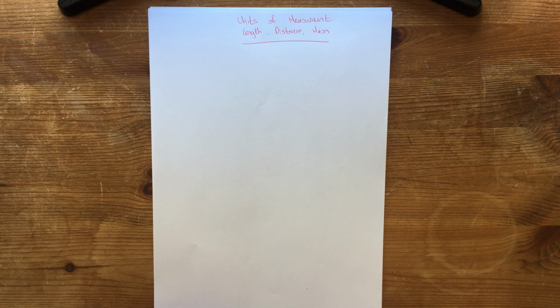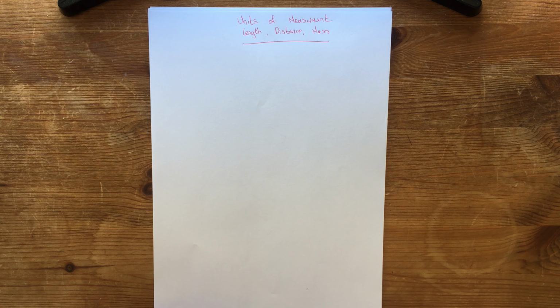From the metric system, this all works off of a system. It's all off 1 meter. So essentially, 1 meter is equal to 1,000 millimeters.